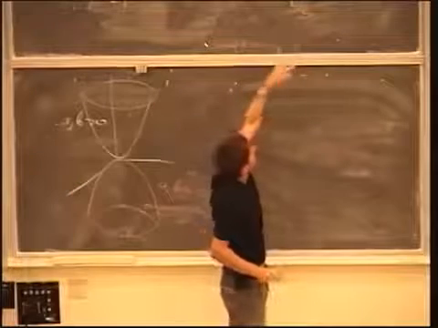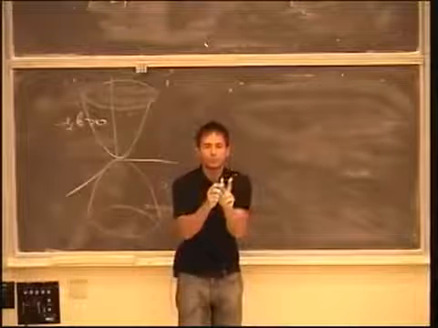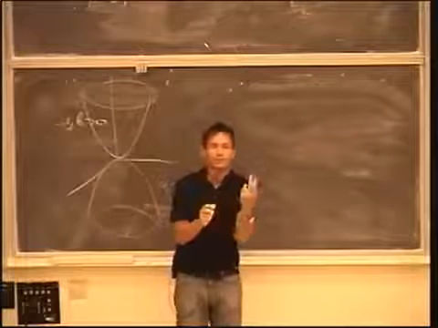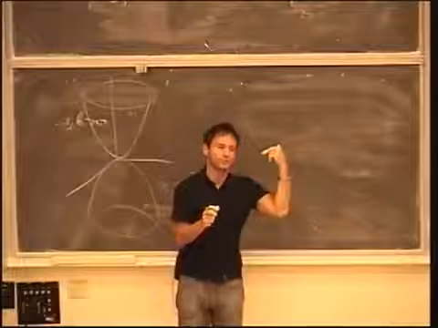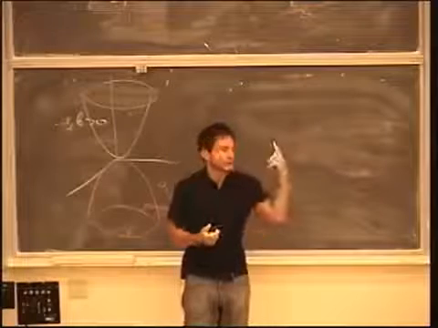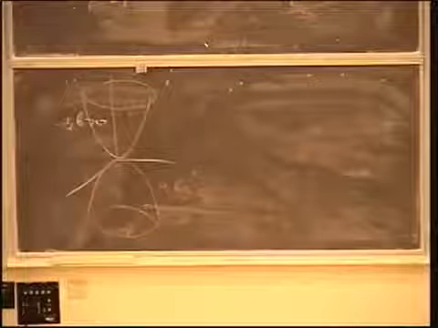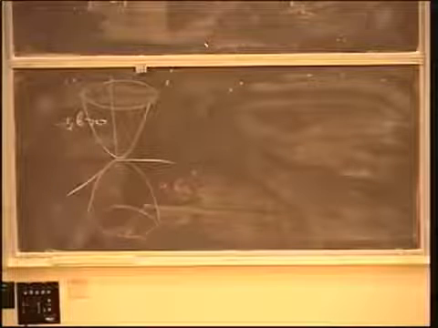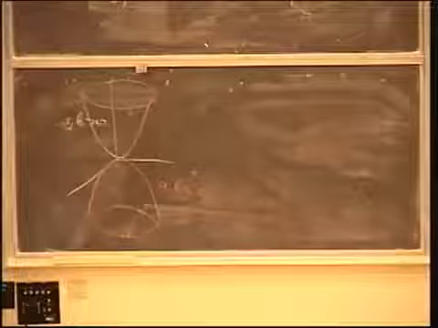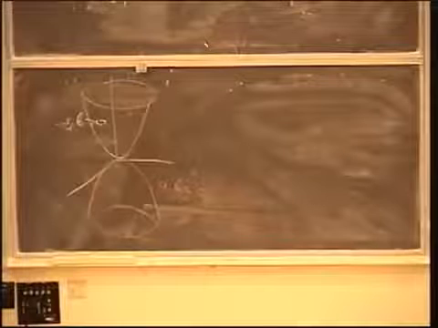But in both cases, the combination 4ab is positive. So that's why we get into the situation of the first condition where D is positive. In this case, we can say for sure it's a maximum or minimum, but we cannot say which one. So we have to look at it more closely.